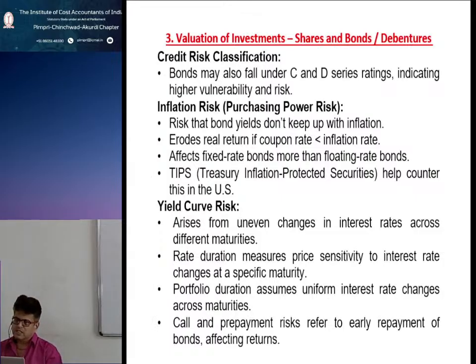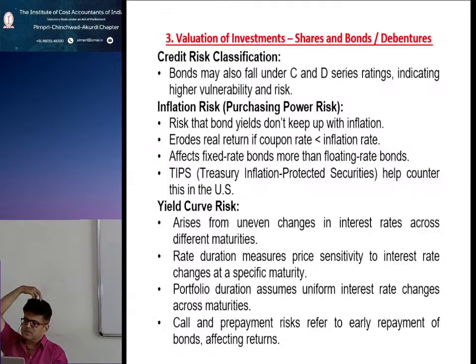Inflation risk is another category of risk. Inflation risk means purchasing power risk. Here the risk is that bond yields don't keep up with inflation, so the rate of inflation might not match the bond yield rate. In a way it means it erodes real return if the coupon rate is less than the inflation rate. It affects fixed rate bonds more than floating rate bonds.